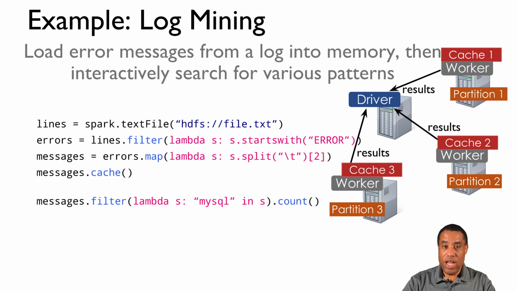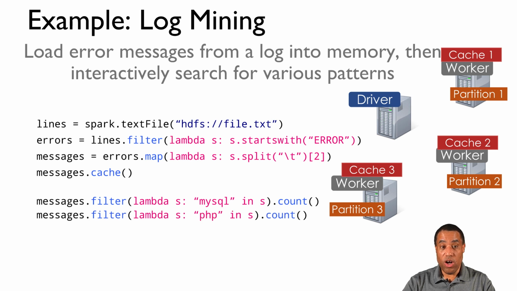All right. Now, if we do another filter, what's going to happen? We're going to do a filter looking for PHP lines in our log file and count them. Well, Spark is really smart. It knows that you told it to cache messages, and this is a filter being applied to messages.